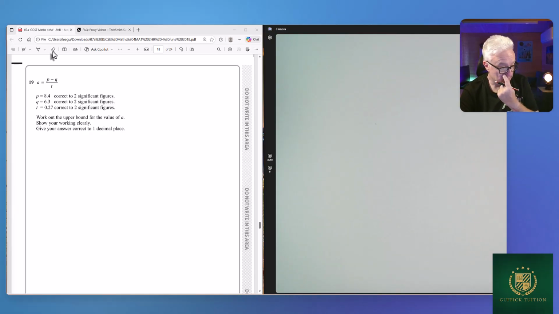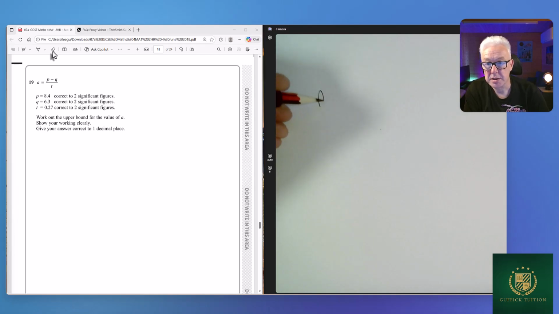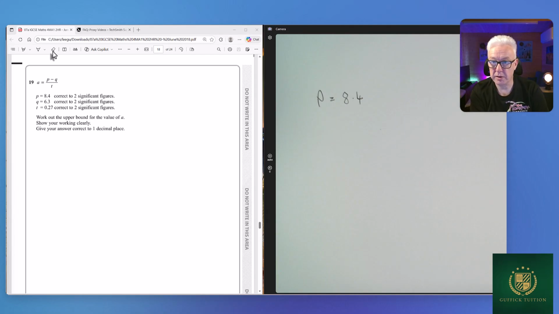Okay, now let's have a little think about this. Well, first of all, let's do our bounds for each of the respective elements. So P we have got is equal to 8.4. Let's consider our upper and lower bound for that one.